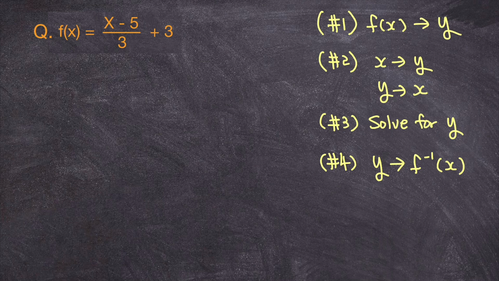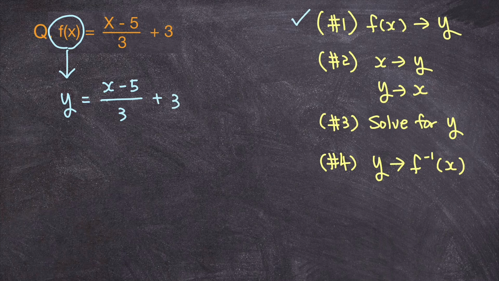I have f of x equal to blah blah blah. Without even thinking, I'm going to take that f of x and switch it to y. Y is equal to (x minus 5) over 3 plus 3. That's step 1 done. And then step 2 is change x to y and y to x.